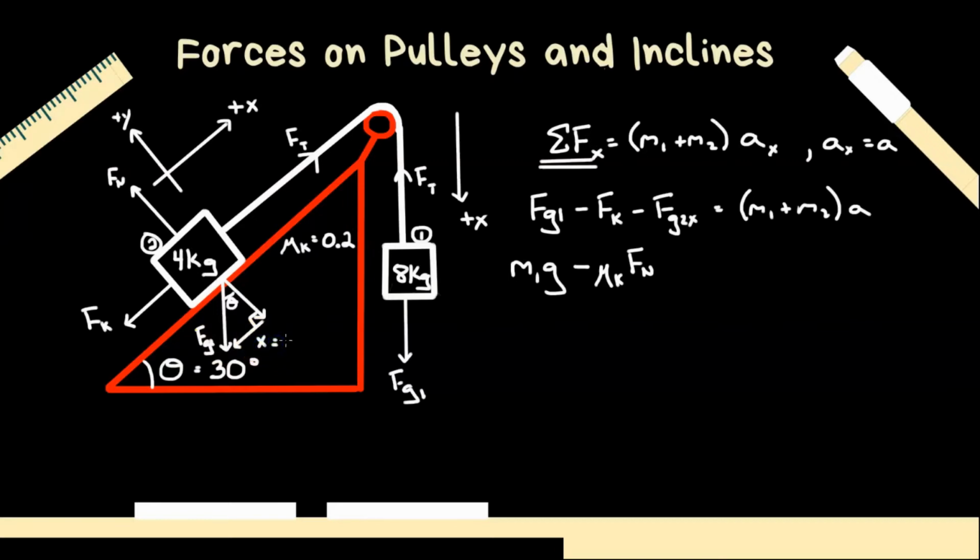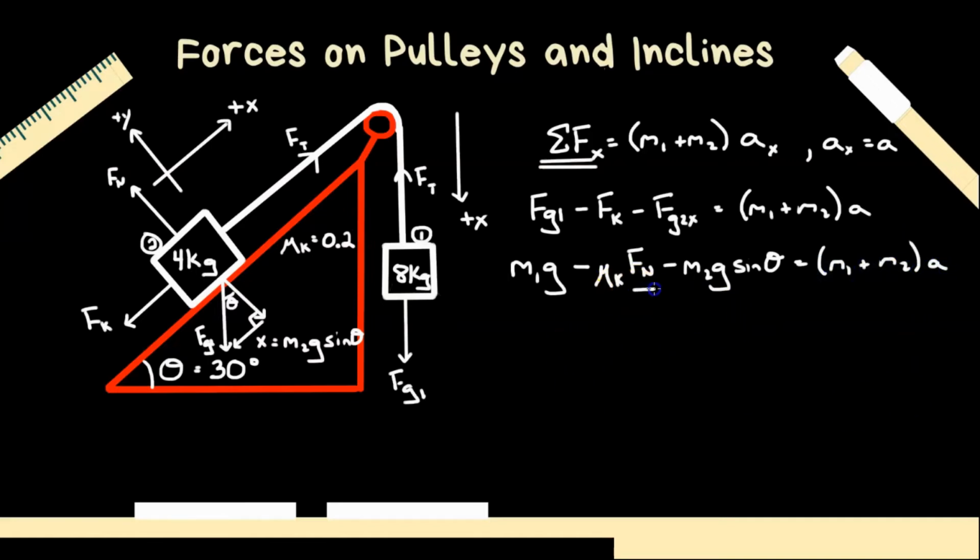That is going to equal m2g. And since this is opposite our angle, it's going to be the sine of theta. So minus m2g sine of theta. And that all equals m1 plus m2 times a.